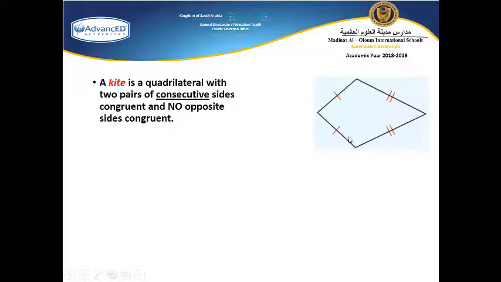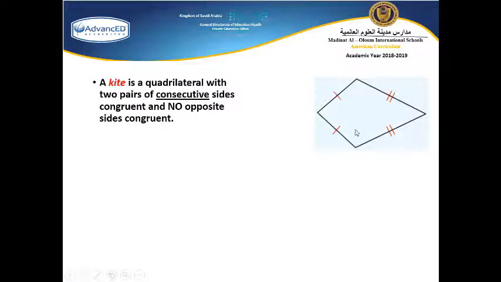What about the kite? The kite is a quadrilateral with two pairs of consecutive sides congruent. Two pairs of consecutive sides congruent, not all the consecutive sides. The longest consecutive sides are congruent, and the shortest consecutive sides are also congruent.